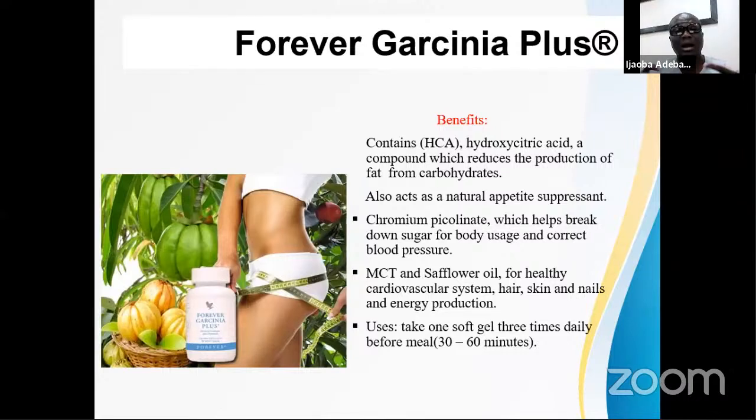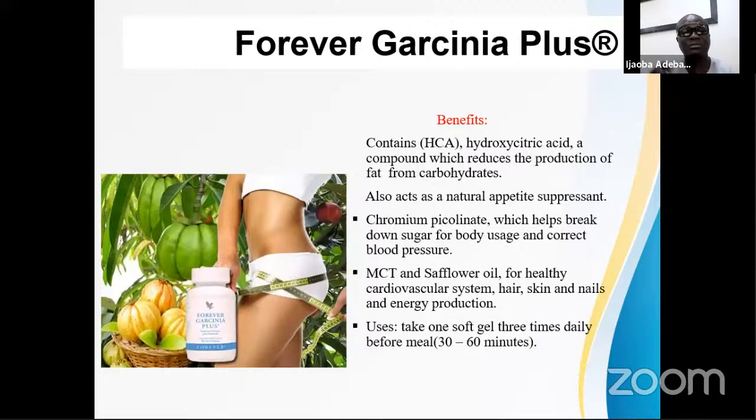Again, Garcinia also suppresses your craving. It helps to suppress your appetite so that you don't eat so much. Again, Garcinia is rich in chromium picolinate, which also helps with metabolism of sugar, so that your sugar can be properly utilized, properly transported into the cells to get energy.